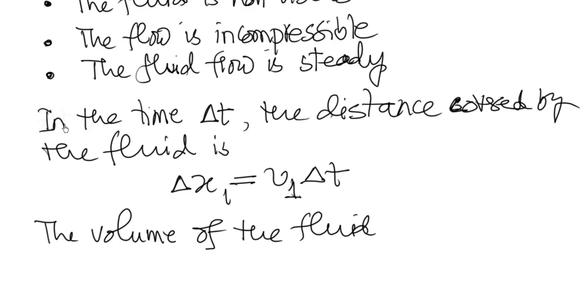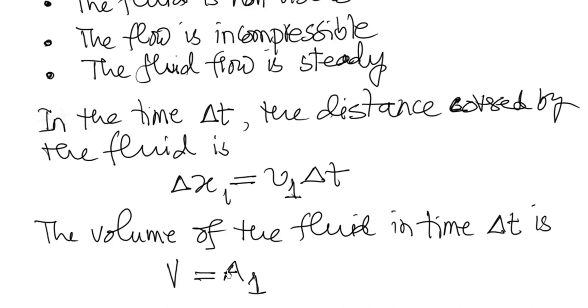This is better. The volume of fluid in time delta t is V equal to the area of cross section into the distance delta x1, which is A1, and delta x1 is v1 delta t.